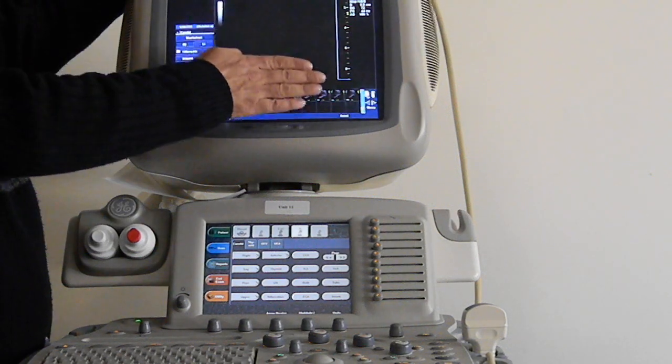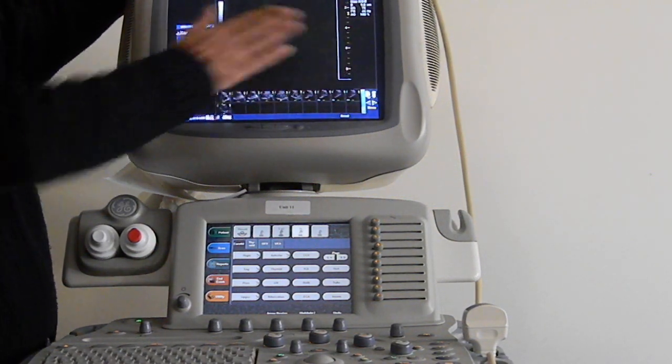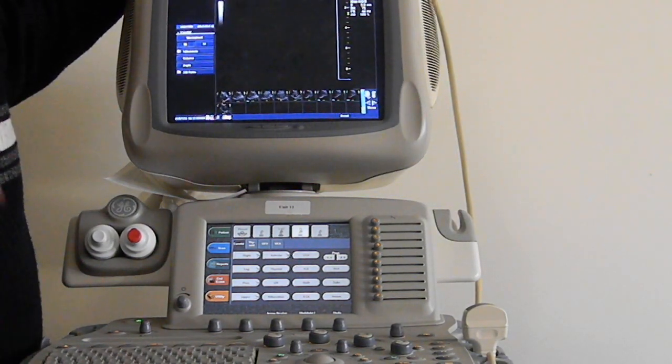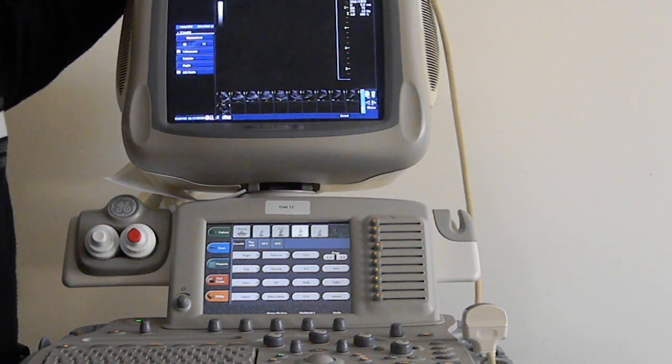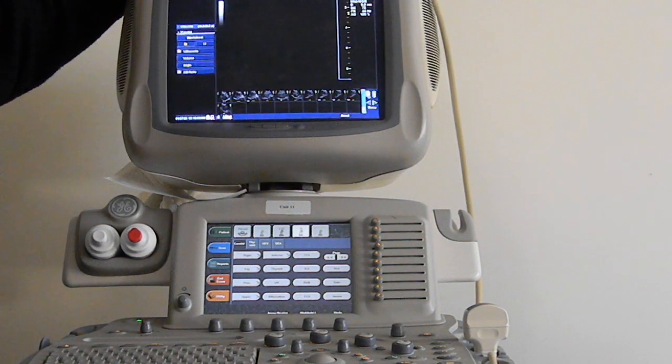What that mainly means is that at greater depths, the intensity of the sound wave is going to be decreased.